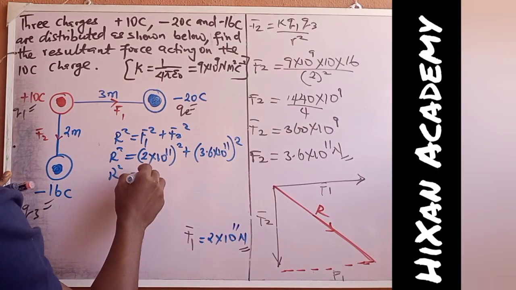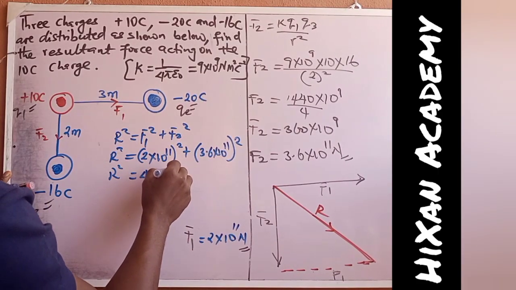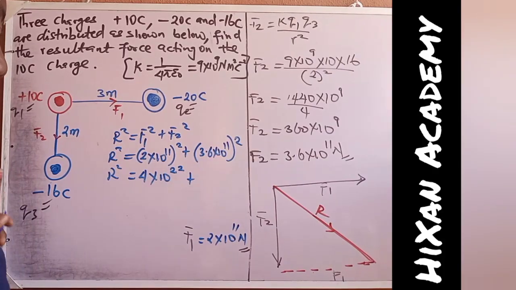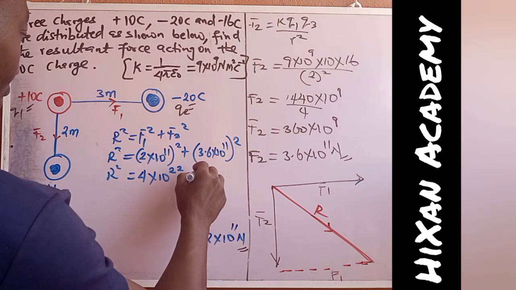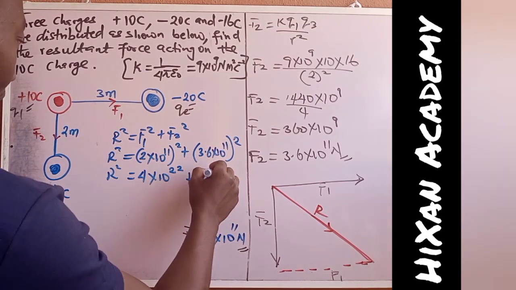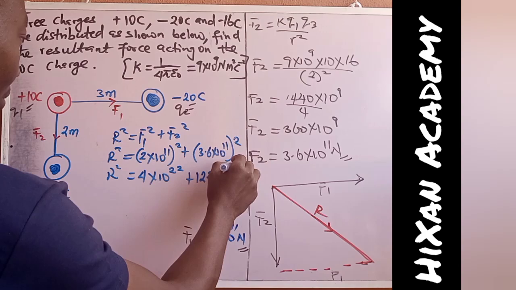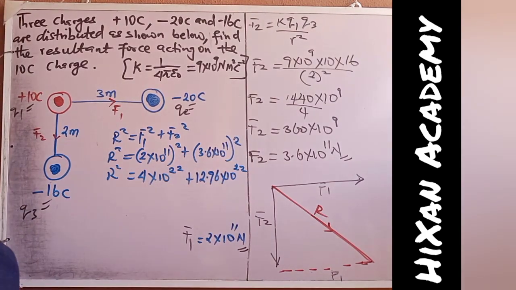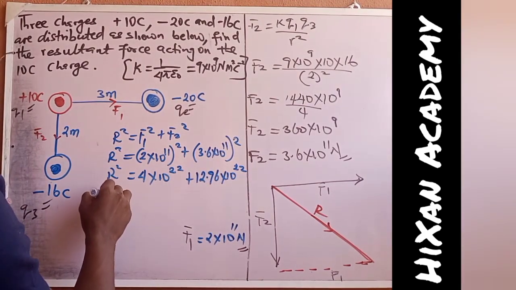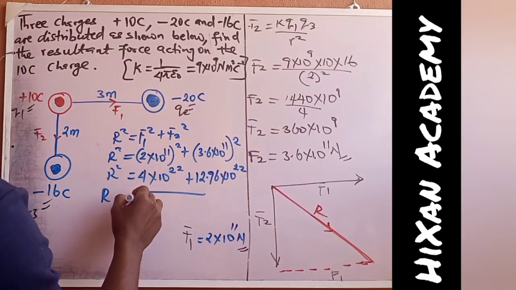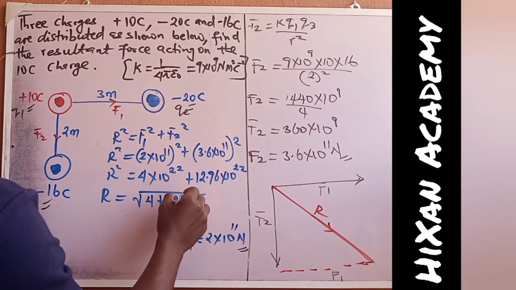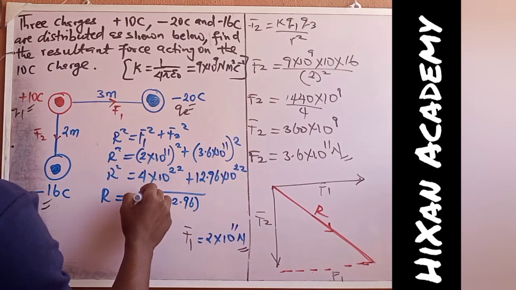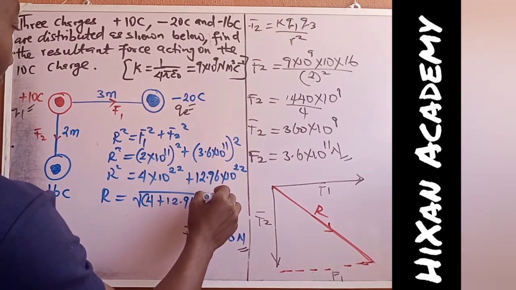So our R squared will be 4 multiplied by 10 raised to the power 22 plus 3.6 squared. That is 12.96 multiplied by 10 raised to the power 22. Alright, so R alone will be square root of 4 plus 12.96 multiplied by 10 raised to the power 22.